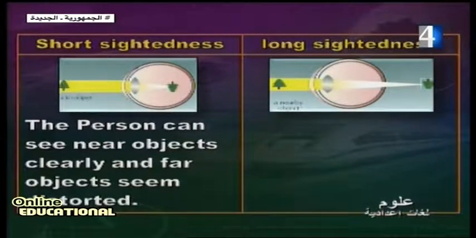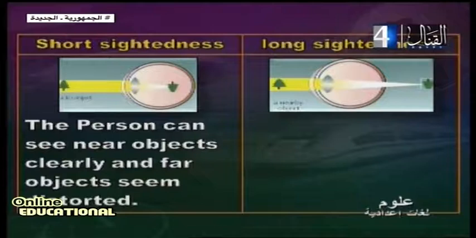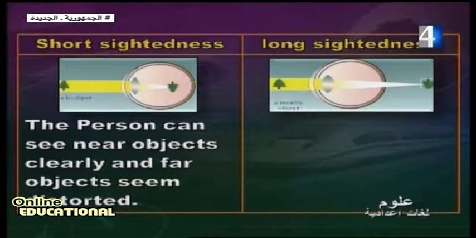Any near object can be seen clearly, but far objects seem distorted. Distorted means not clear. So in short-sightedness, near objects are clear, but far objects are not clear or distorted.